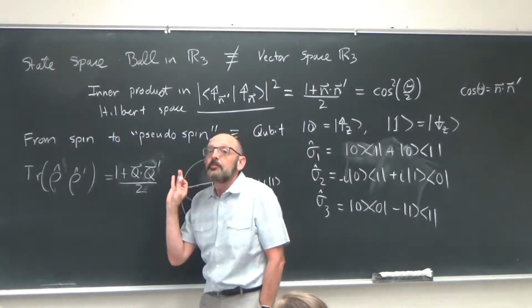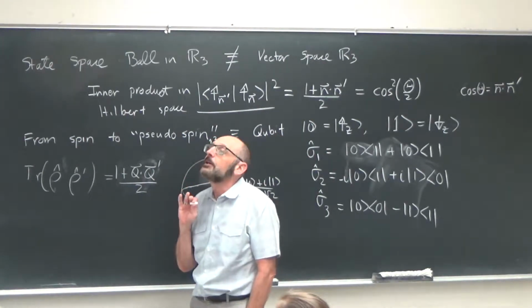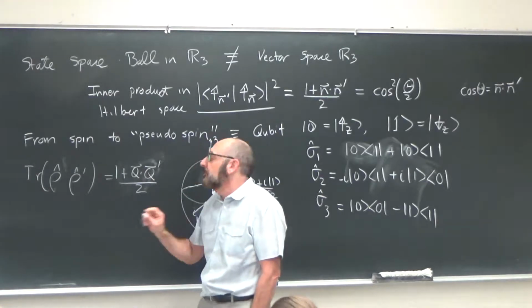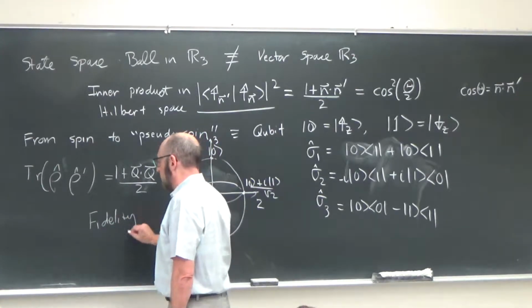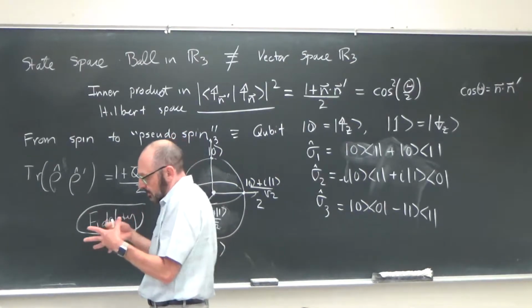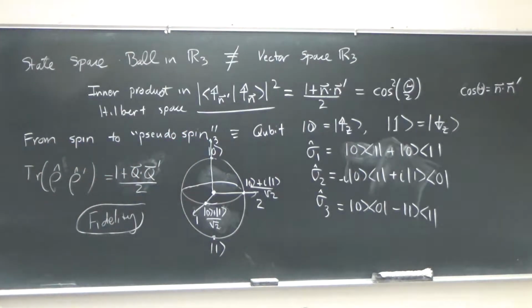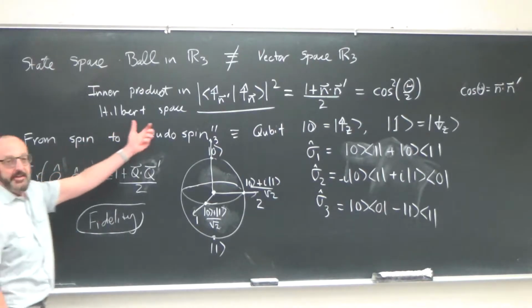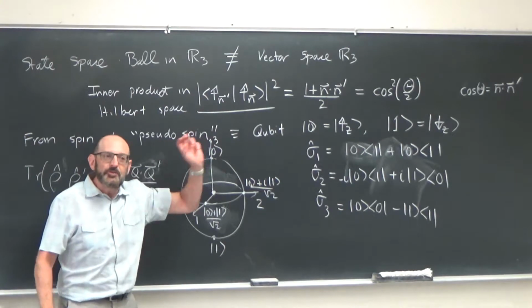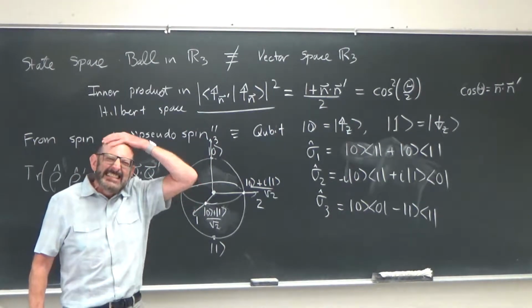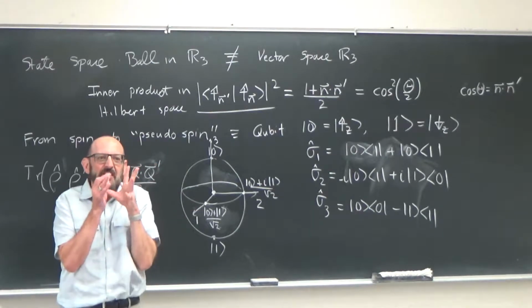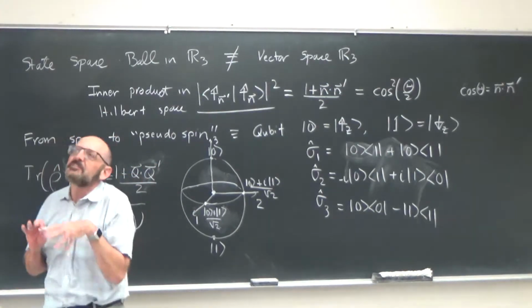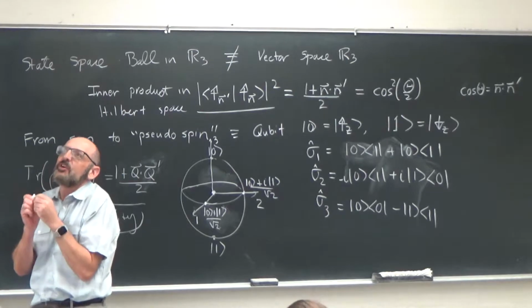Now, this is a little bit of a tricky business because there's this notion of fidelity, which is saying something about the overlap between two quantum states. And when we talk about pure states, that's a clear thing. But when you talk about mixed states, it's not quite clear because there are different notions of distance. And when you have a notion of distance, you have a measure.